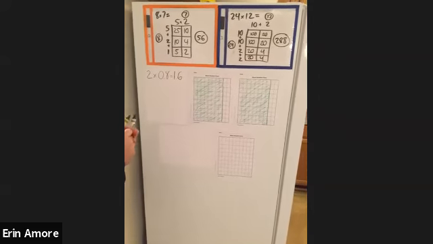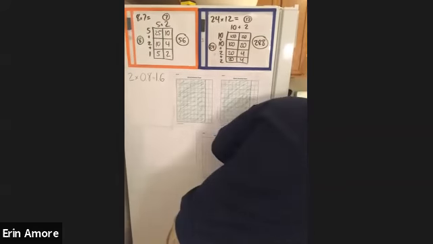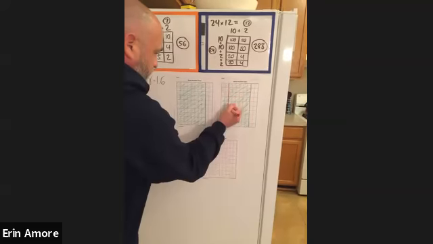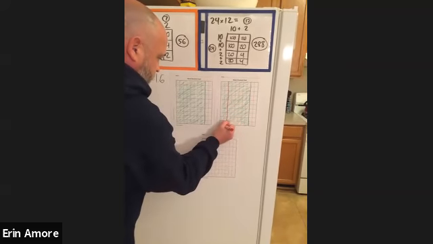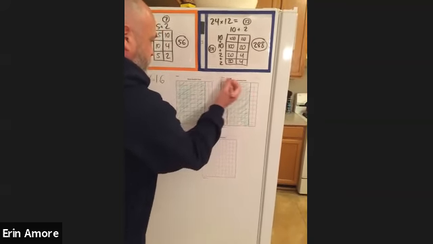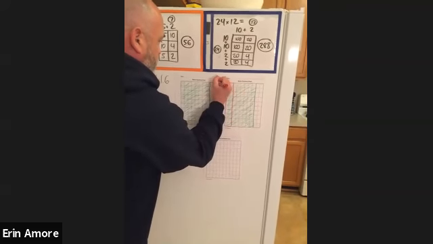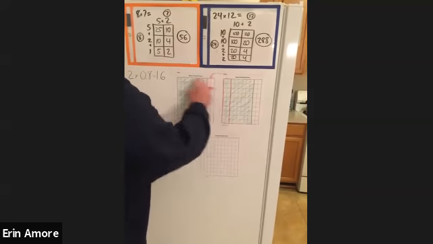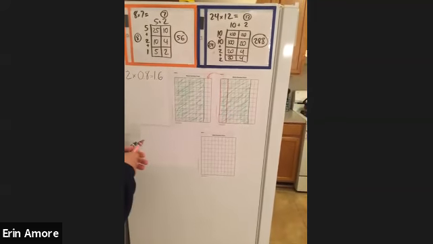Well, how did I get that? If I look at my 2 charts, I'm going to take these 2/10 from this one. And if I move them over here, I have 1, 2, 3, 4, 5, 6/10 left. I have 1 whole and 6/10 left.